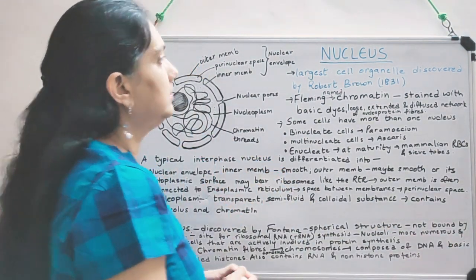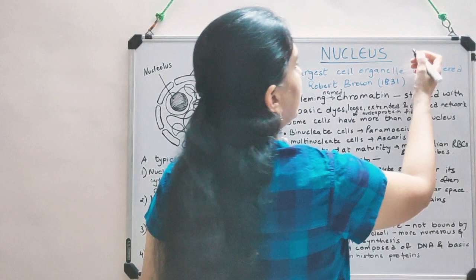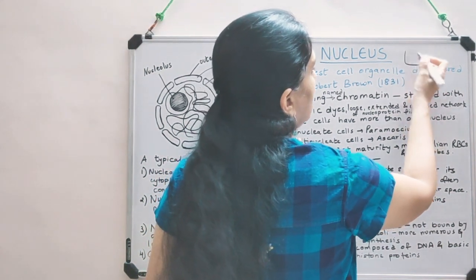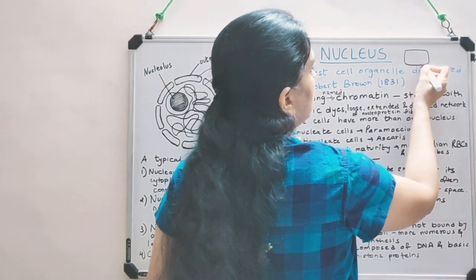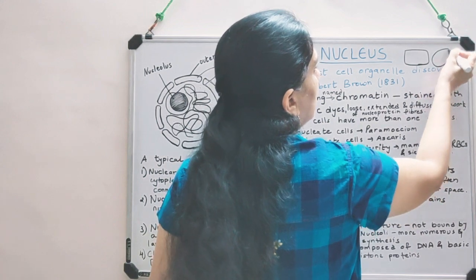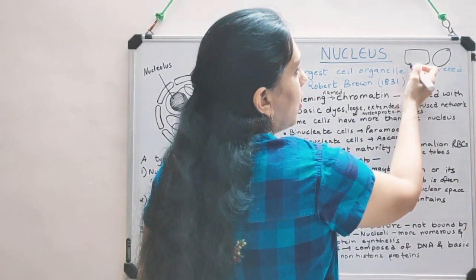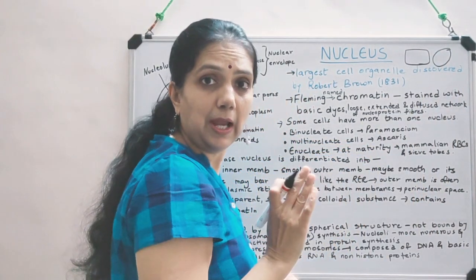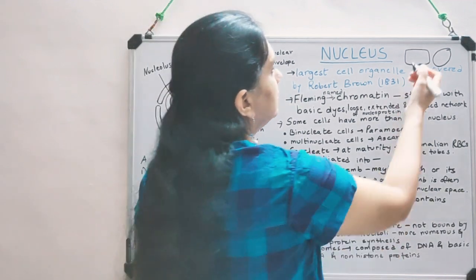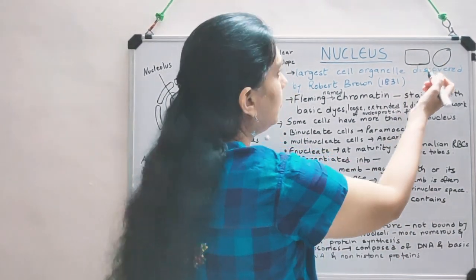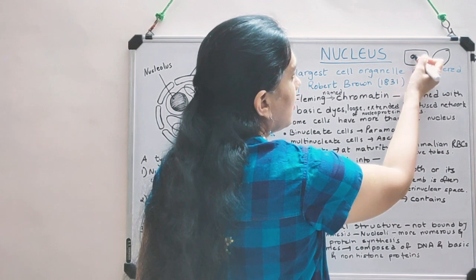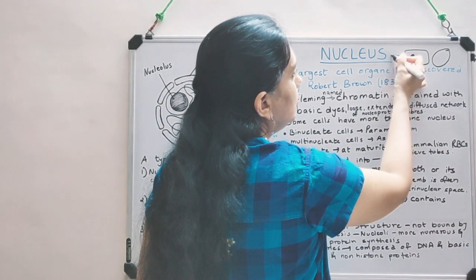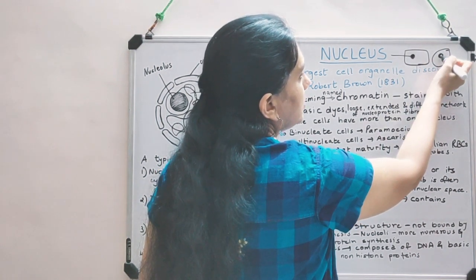Now I will draw a very small diagram here. I am drawing a rectangular shape. You can also draw an oval shape. So the border is the cell membrane, which I have already taught. Now the director or the controller of the cell, I am drawing this circle, and that is the nucleus. I am drawing another one in this oval cell.